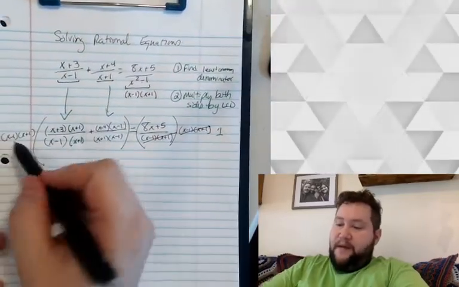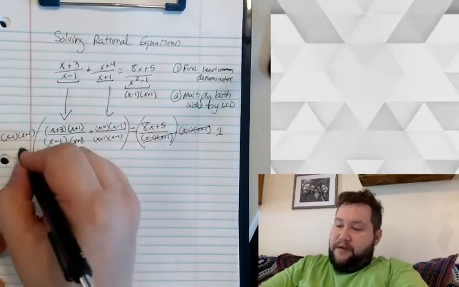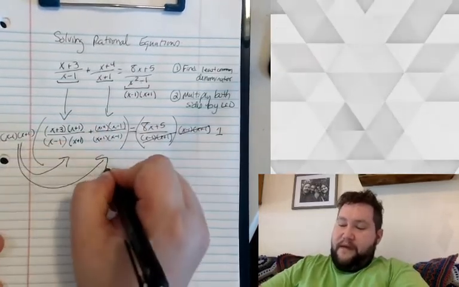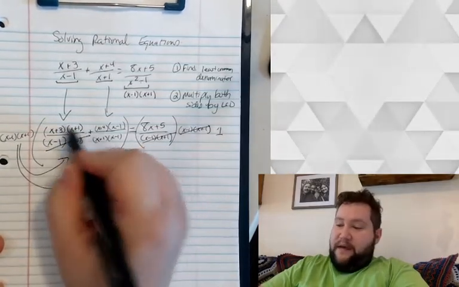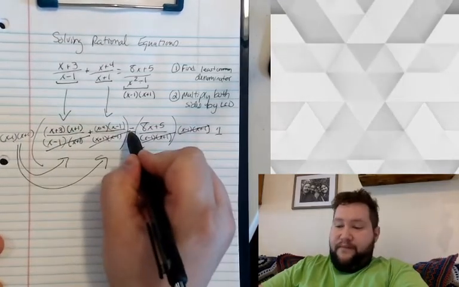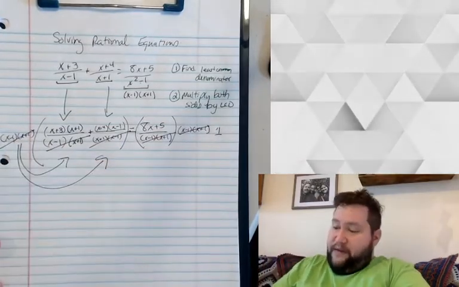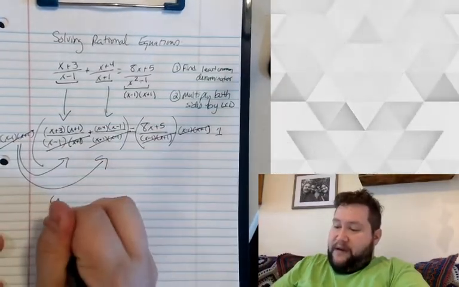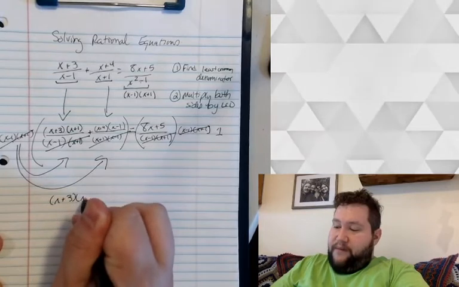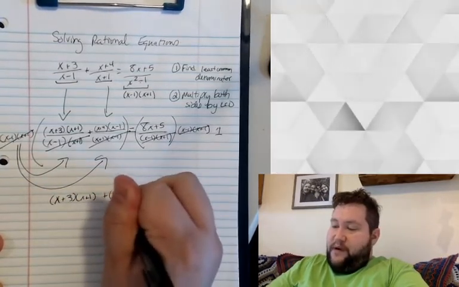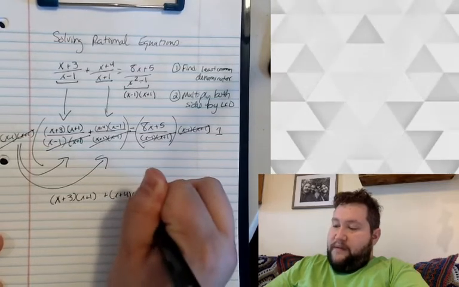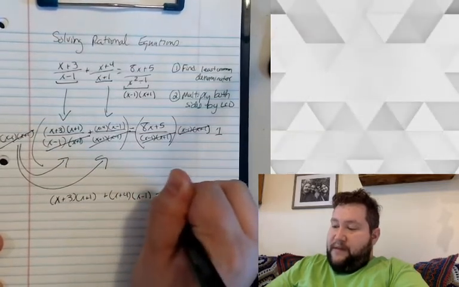And then this one, it's important we remember to distribute it to both terms. And so that will cancel this denominator, and that will cancel this denominator, so that we're left with x plus 3, x plus 1, plus x plus 4, x minus 1, equals 8x plus 5.